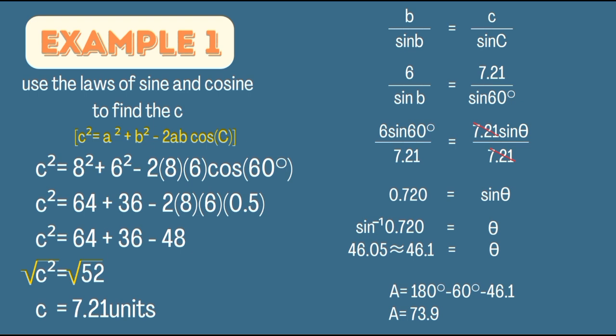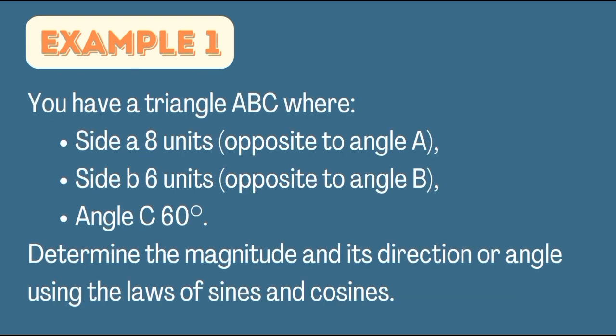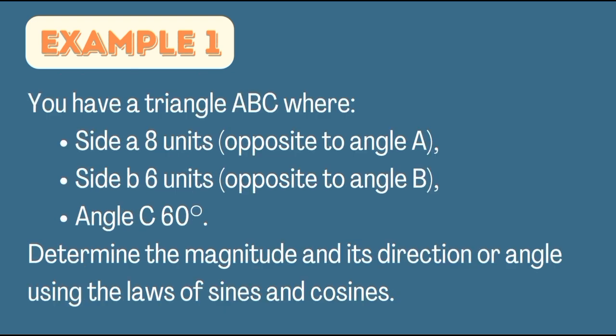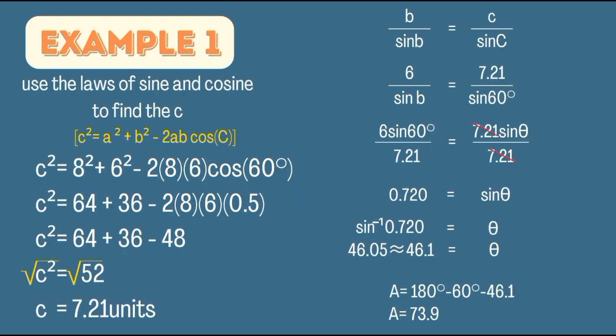So 64 plus 36 minus 2 times 8 times 6 times 0.5, since cos 60 is equivalent to 0.5. So it is equal to 64 plus 36 minus 48. In order to cancel the square of c, we must take the square root of both sides.